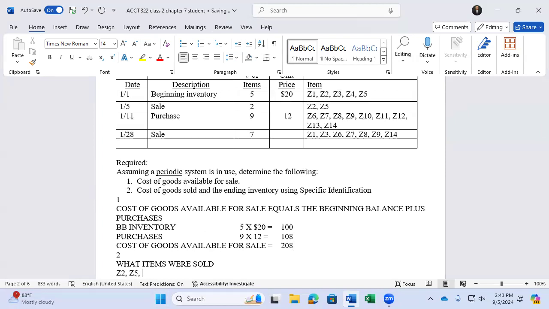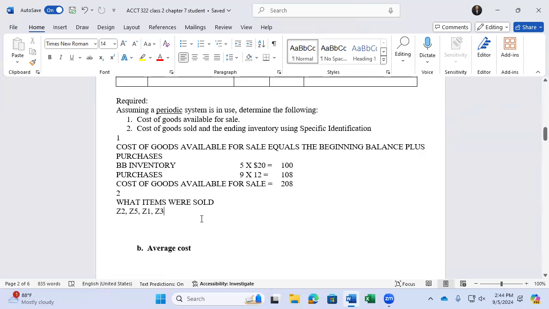Now I want to try to organize them by batches. Looking at the second one, Z1 was sold. Z3 was sold. So I see 1, 2, 3, and I don't see 4 being sold, so I know 4 is going to be left over.